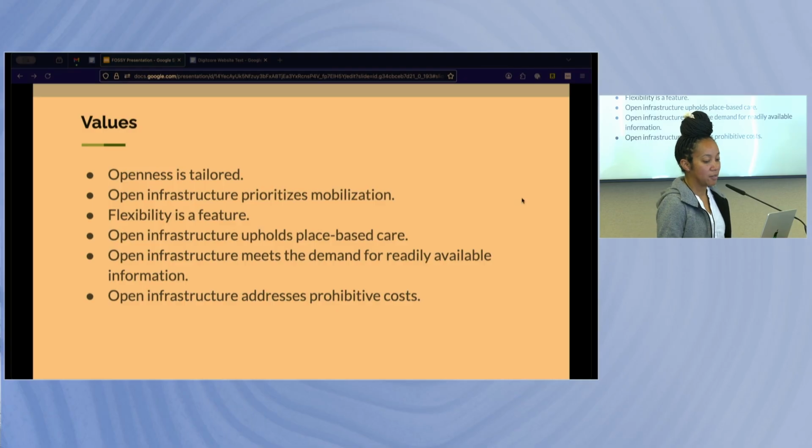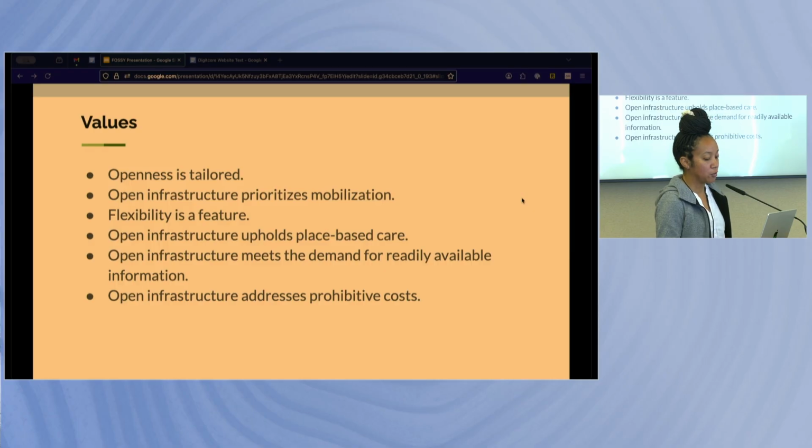The other one: open infrastructure upholds place-based care. Environmental justice efforts generate strategies to take care of places and the people who live there. Open infrastructure must be developed in conversation with and in relation to the community practices of care. The second to last one: open infrastructure meets the demand for readily available information.